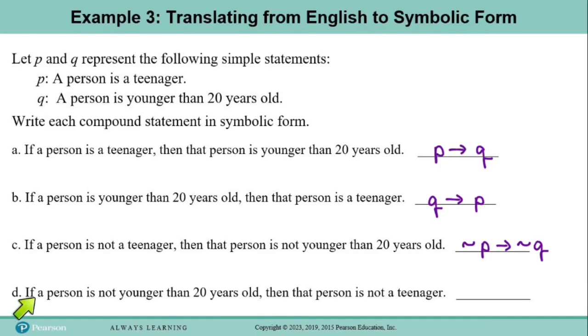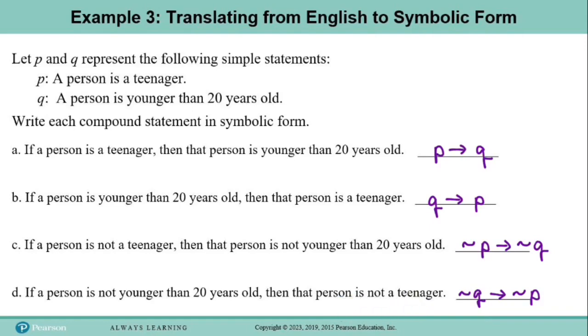And in part D, if a person is not younger than 20 years old, then that person is not a teenager. So a person is not younger than 20 years old, that's the negation of statement Q, so we'll put not Q. And so if not Q, then that person is not a teenager, so that's going to be not P. So if not Q, then not P. In other words, if we know that somebody is not younger than 20 years old, then we automatically know that person is not a teenager.